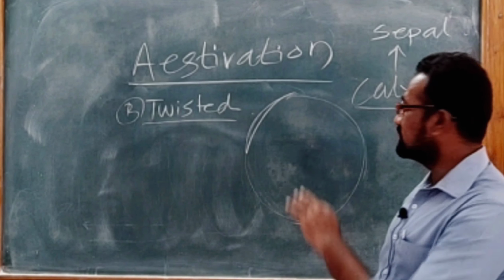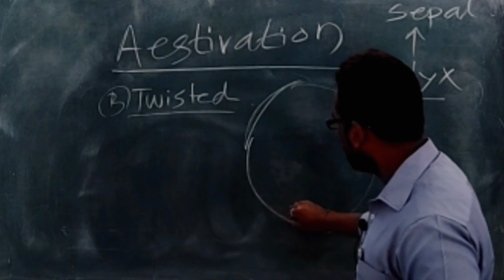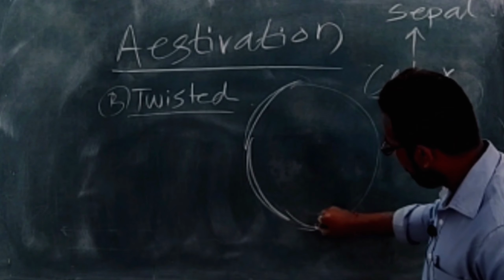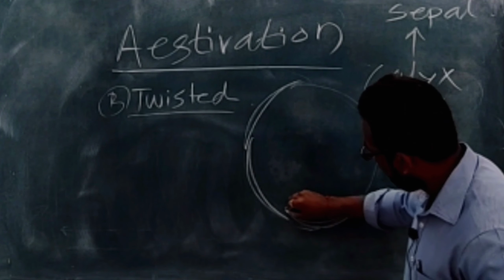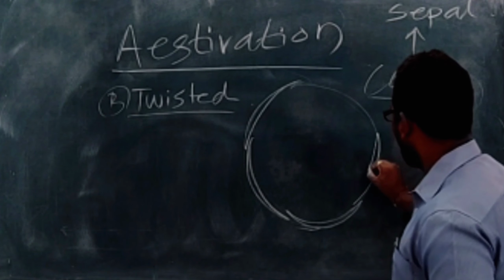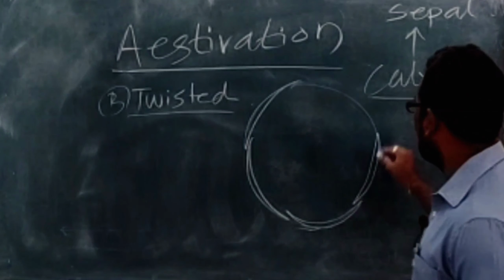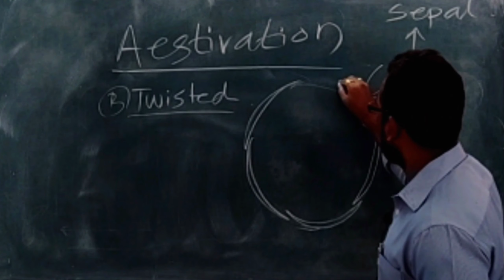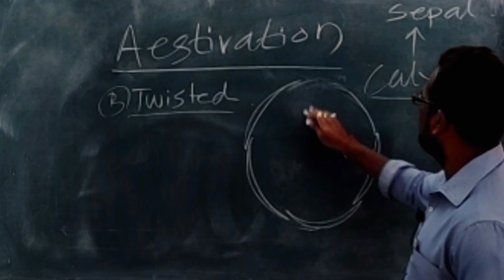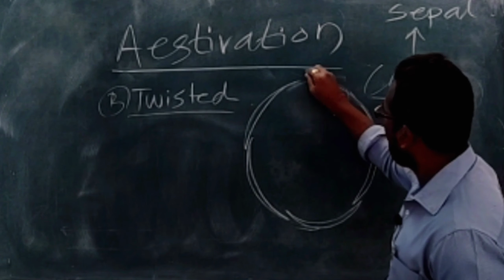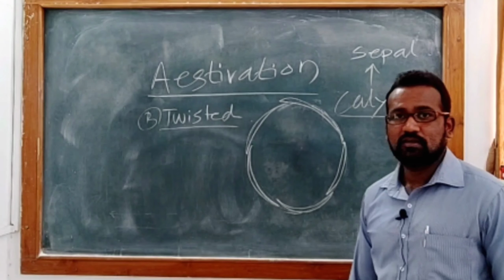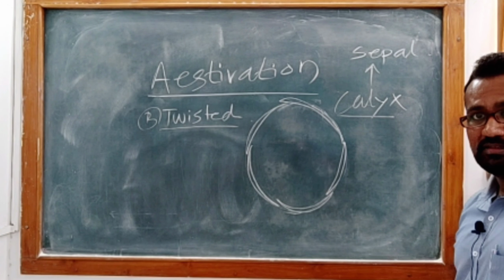So in the twisted case, you will find one sepal, another sepal, third sepal, fourth sepal, and fifth sepal. I have drawn here 5 sepals in calyx.